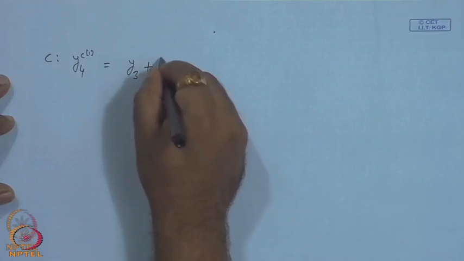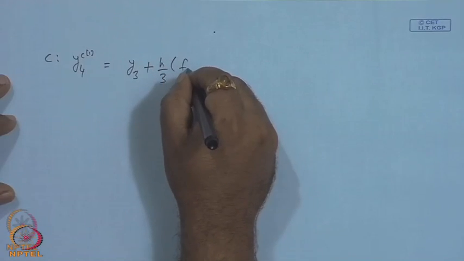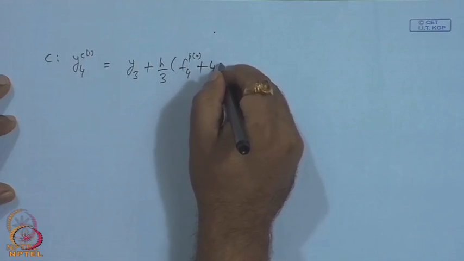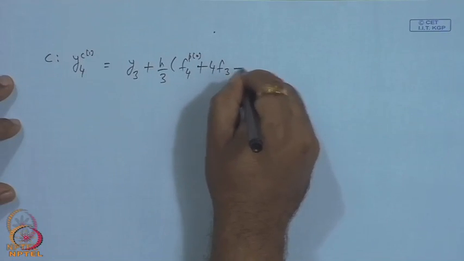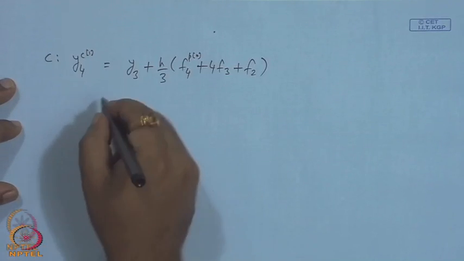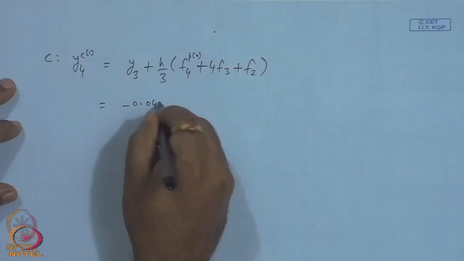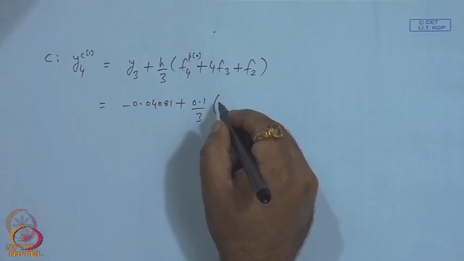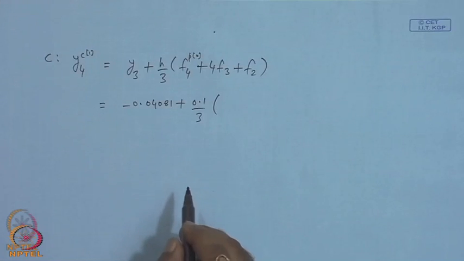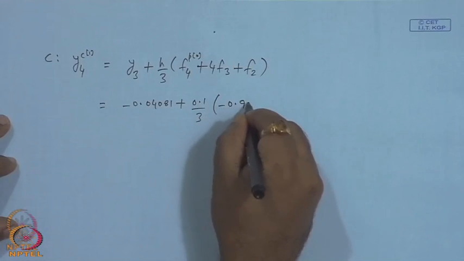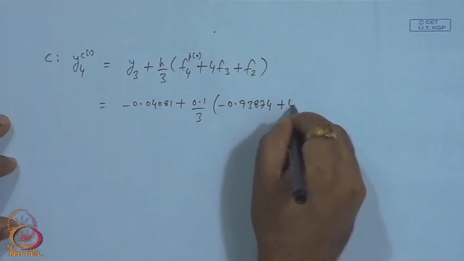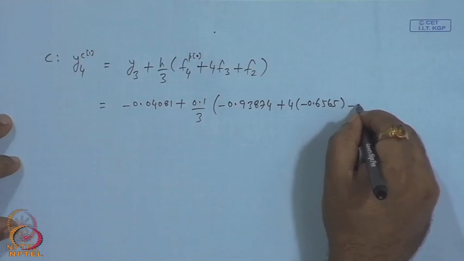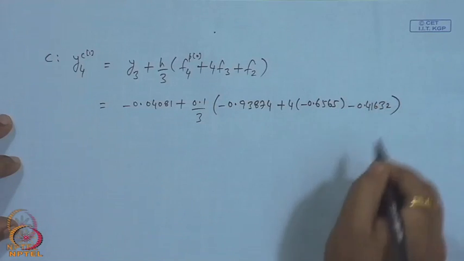So, this is y3, and f we have computed, f4 using the predicted. Okay.